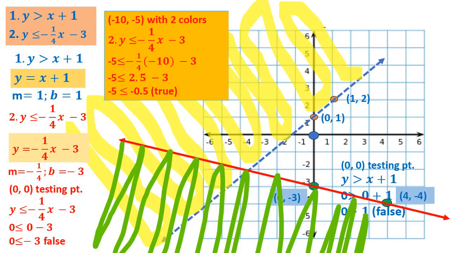As you have seen, we have 4 regions already. So the 2 graphs of inequality divide the entire graph into 4 regions. So we have Region 1, Region 2, Region 3, and Region 4. As you have seen, among the four regions, only Region 1 is made up of two colors.